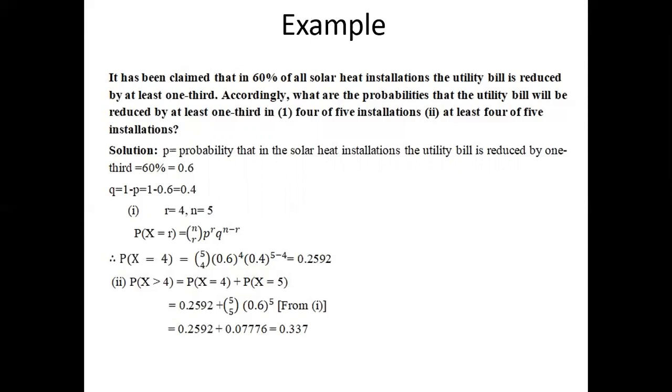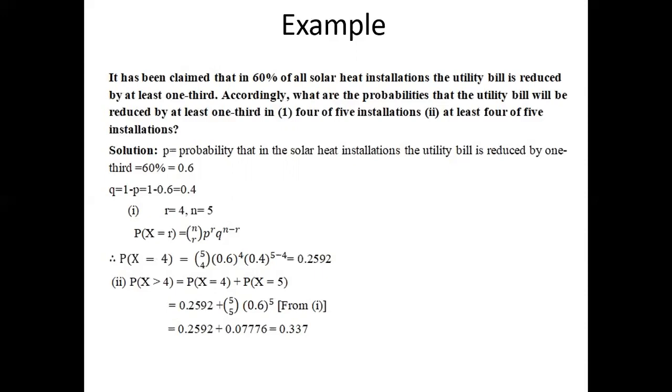Solution: p is the probability that in the solar heat installations the utility bill is reduced by one third, which is 60%, or 0.6. Then p plus q equals 1, so q equals 0.4. So first of all, we'll go for the first one, 4 of 5 installations.